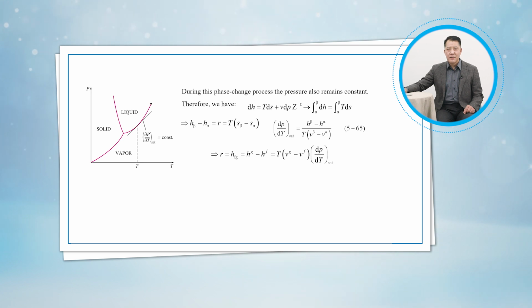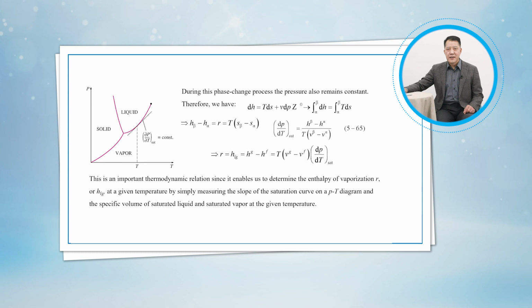565, we have the following. This is an important thermodynamic relation since it enables us to determine the enthalpy of vaporization at a given temperature by simply measuring the slope of the saturation curve on a PT diagram and the specific volume of saturated liquid and saturated vapor at the given temperature.